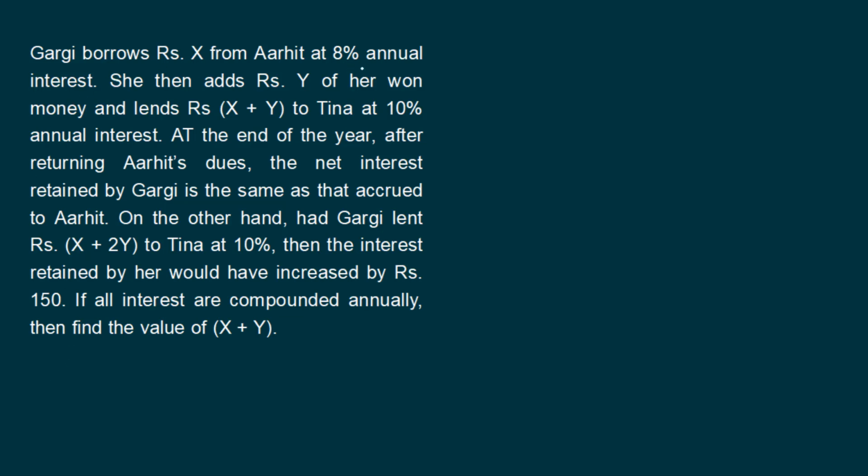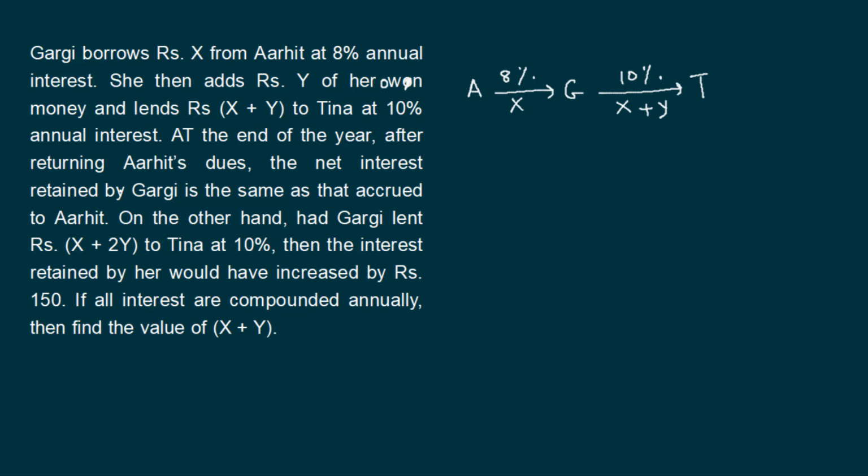Gargi borrows rupees X from Arhit. Arhit has given money to Gargi at the rate of 8% annual interest. Gargi then adds rupees Y to it of her own and lends x plus y to Tina at the rate of 10% annual interest.